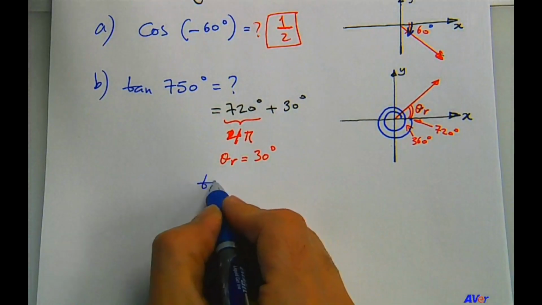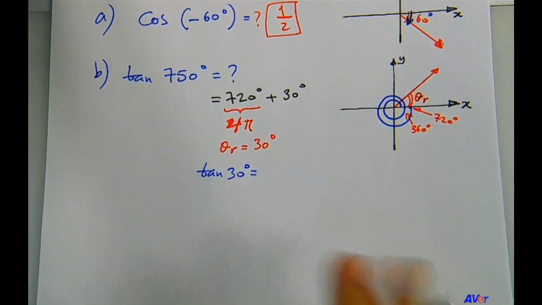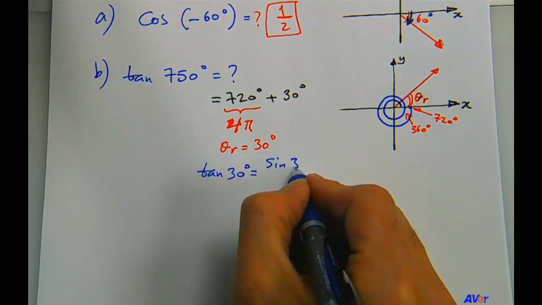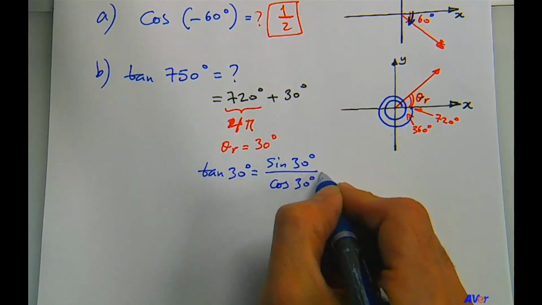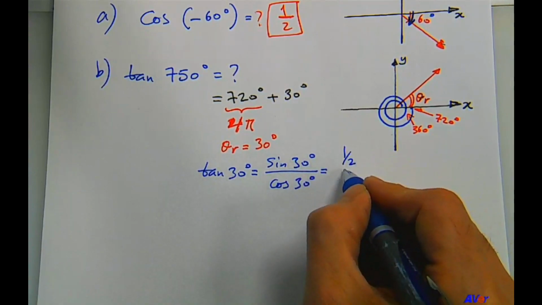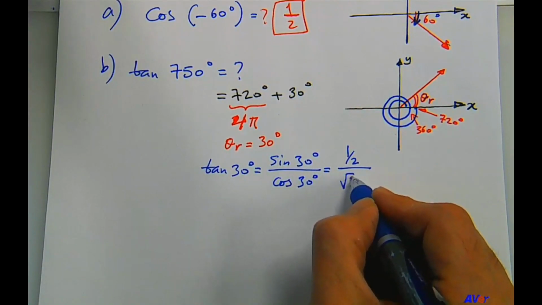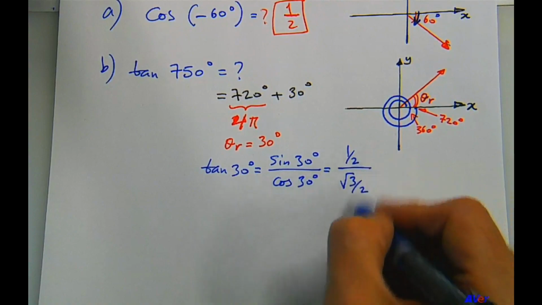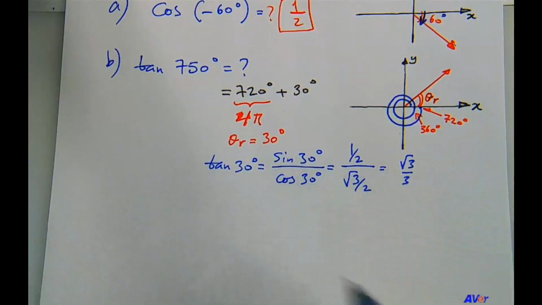Tangent of 30 degrees is equal to sine of 30 degrees divided by cosine of 30 degrees. Sine of 30 degrees is 1/2, and cosine of 30 degrees is square root of 3 over 2, and so we end up with square root of 3 over 3 after simplifying.